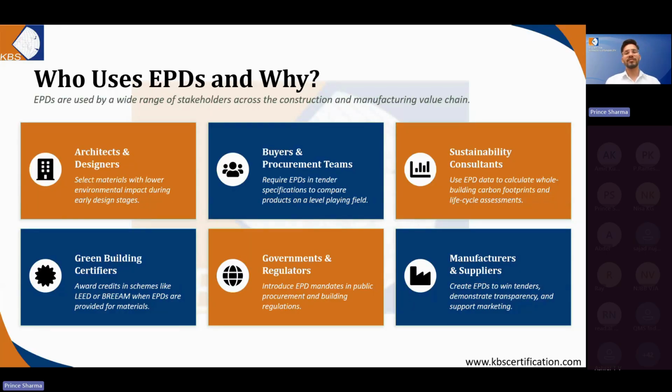Let's go one by one. The first is architects and designers. When we design a building, we try to design its environmental impact as well, because certain green building certifications also ask for the LCC of that building. Since these are evolving every day, to minimize the environmental impact of a building, we try to use products which have their environmental impact listed under their EPDs.